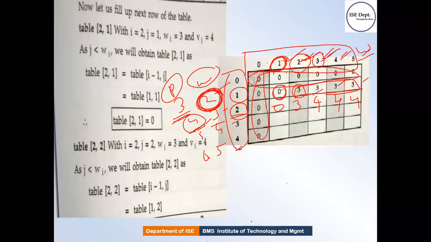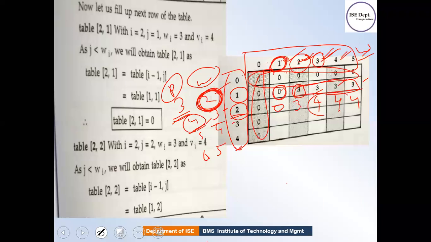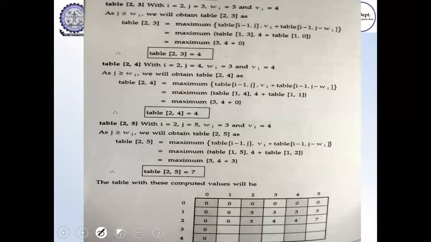Okay, fine. One more thing I forgot to tell you. Till here it is done, right? And you should also add with the previous one. So 4 and 3, what is the value of 4 and 3? It is 7. So 7 I can fill when the capacity is 5.